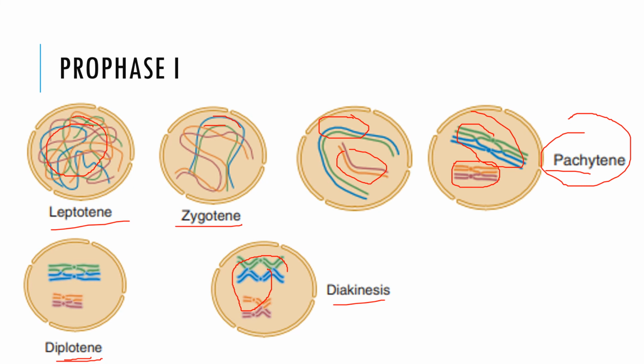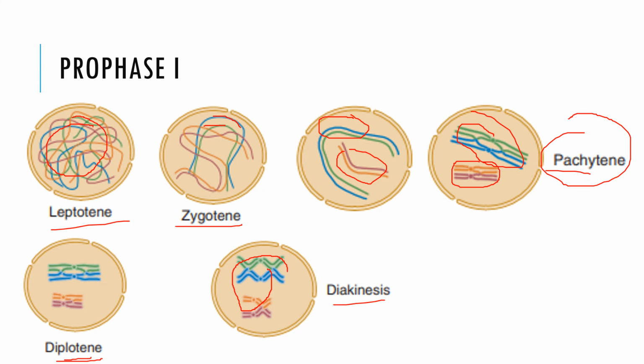Diakinesis means moving apart. It is at this substage that the chromosomes attain their maximum condensation. The homologous chromosomes in a bivalent remain connected by at least one chiasma, which persists until the first meiotic anaphase.